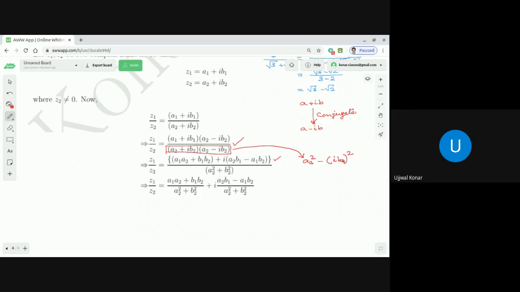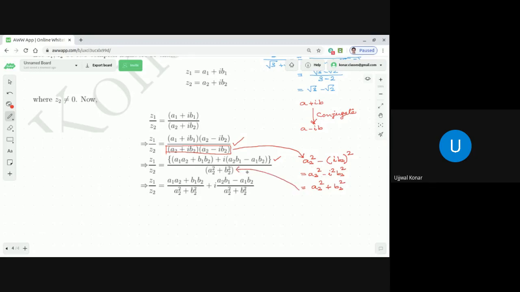That's what we know now, a plus b into a minus b, so that is equal to a2 square minus i square b2 square. I square equals what? I square equals minus 1. So a2 square minus of minus 1, that is plus 1, so a2 square plus b2 square. And that's what we have written here.